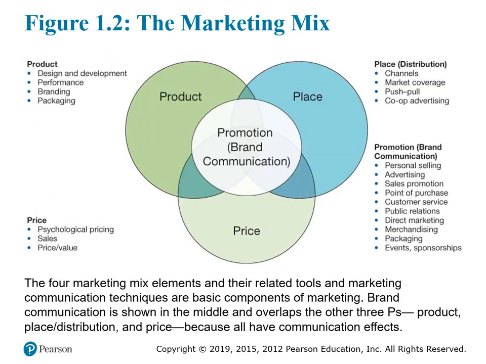Then you have the marketing mix further described here as being the product, price, place, and promotion. And product again talks about packaging, performance, the branding itself, design and development. Place, the channels of distribution, market coverage. How big is the market? Is it regional? Is it international? Is it global?